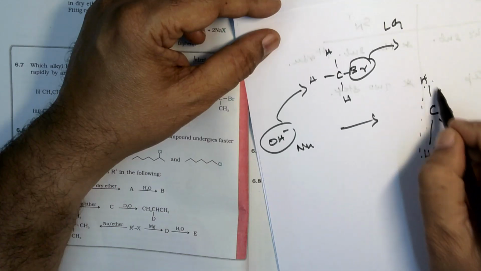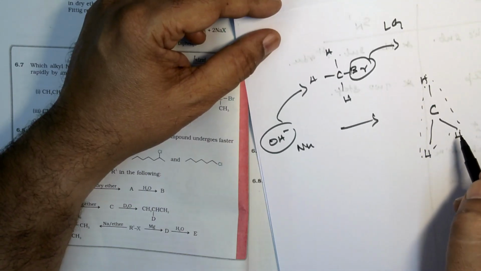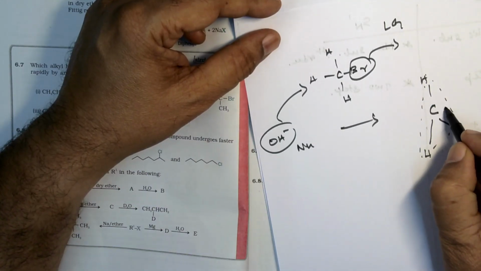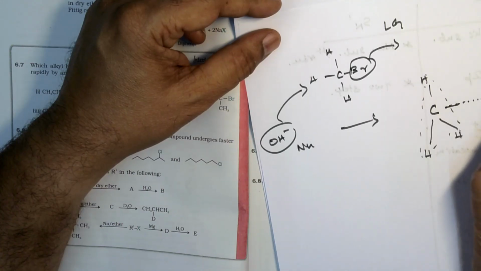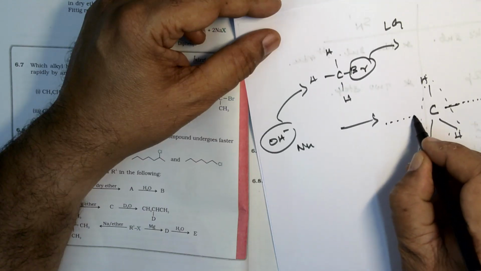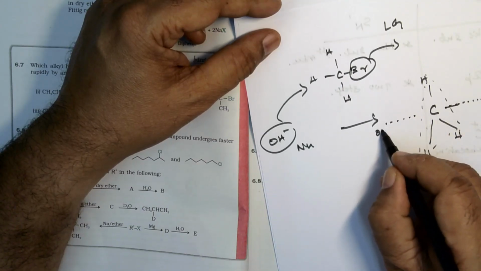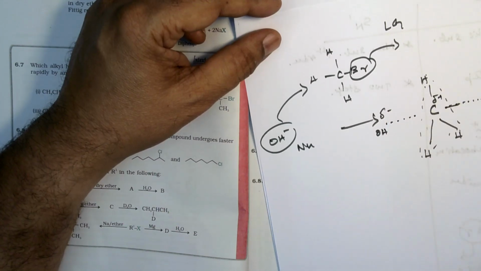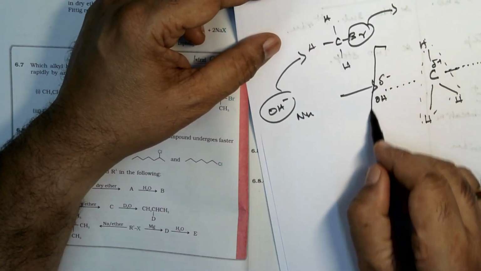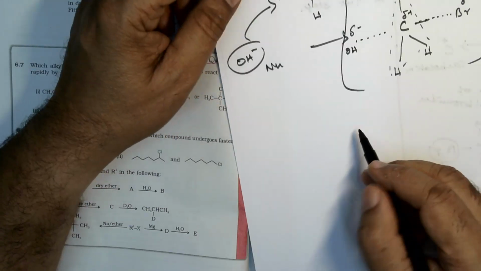All these three will be in a single plane. On one side, the leaving group Br is going as delta minus, and this is the attacking species OH, which is going to attach. And this forms a transition complex, intermediate.